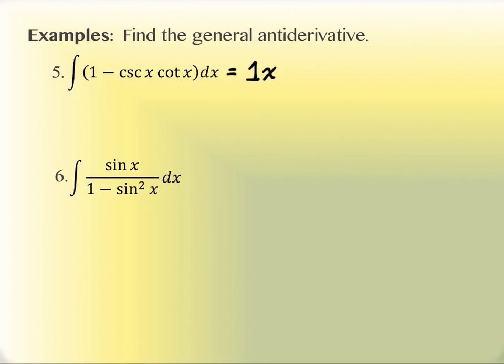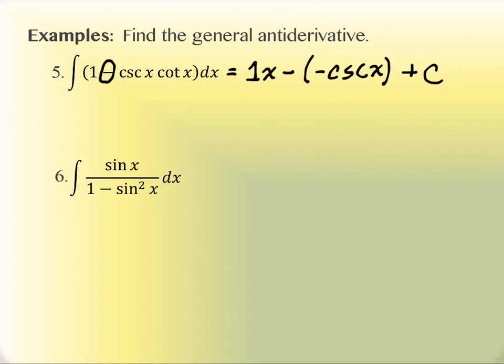Now, what is the antiderivative of negative cosecant x cotangent x? Right, so it's already got one negative here. So we can write the negative we'd like, and then the antiderivative would actually be negative cosecant.